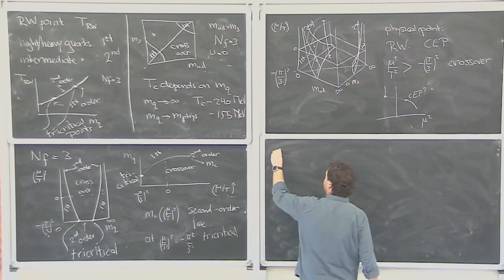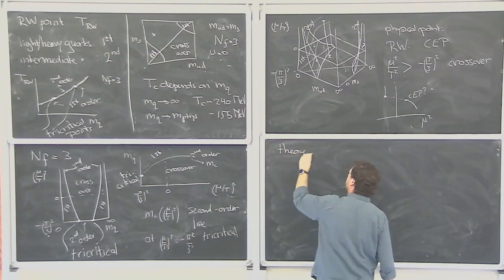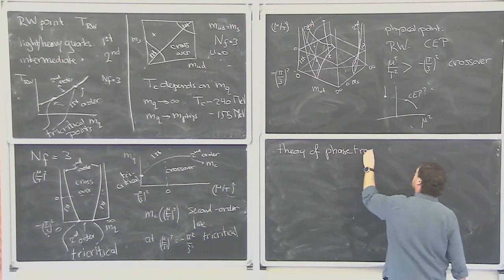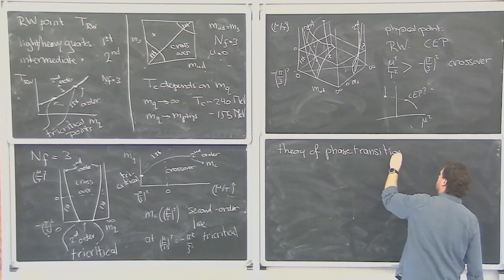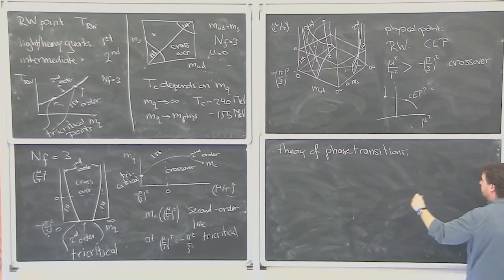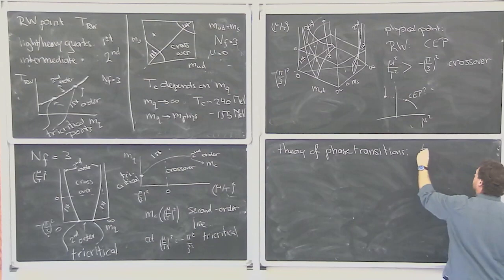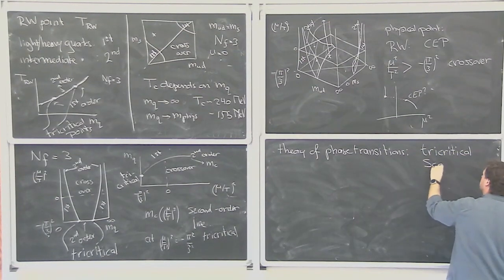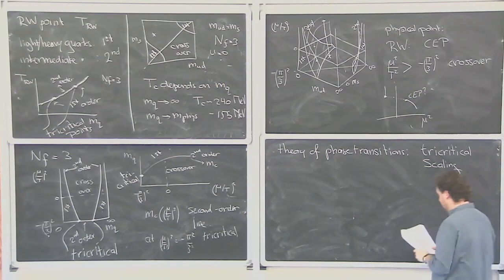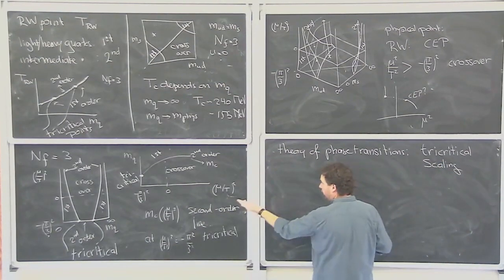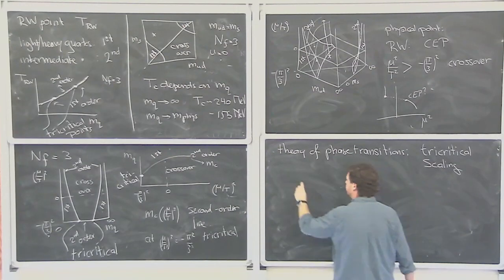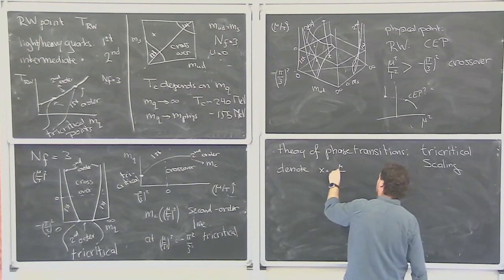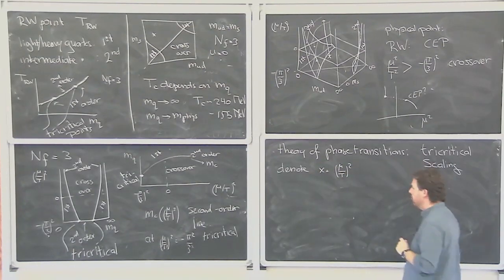So the theory of phase transitions then tells us that this function, the critical quark mass here, is determined by what's called tricritical scaling. So the horizontal axis, the dependence is on mu over T squared. So I'm going to denote this with x equals mu over T squared.